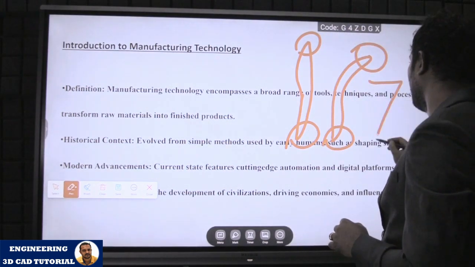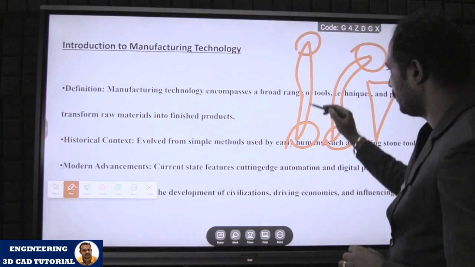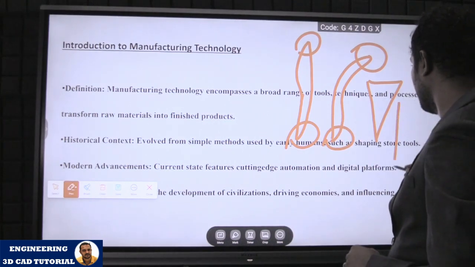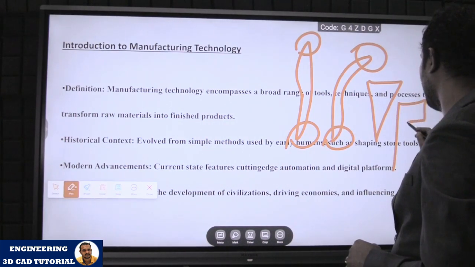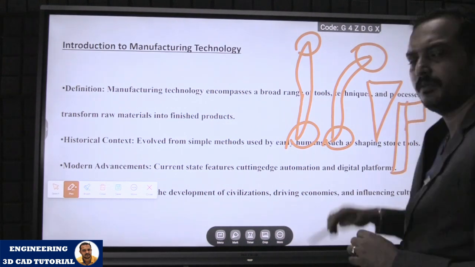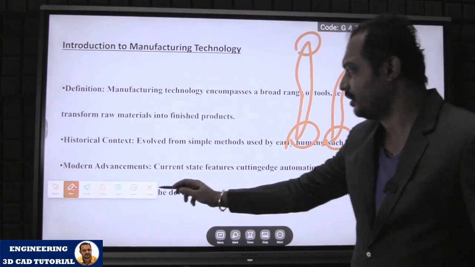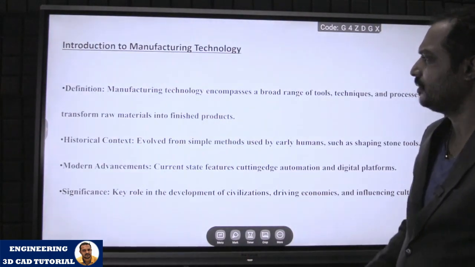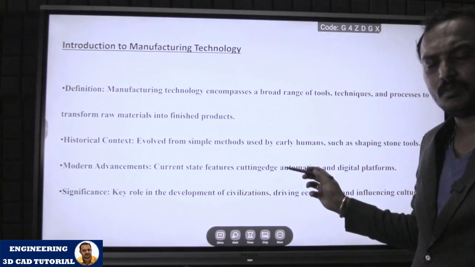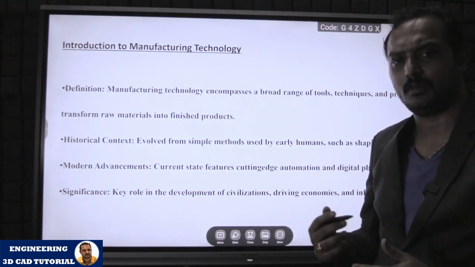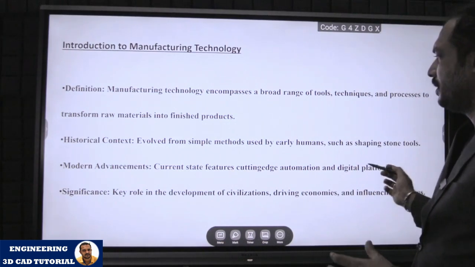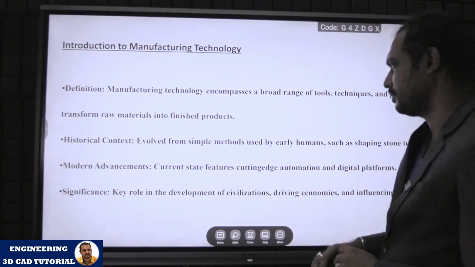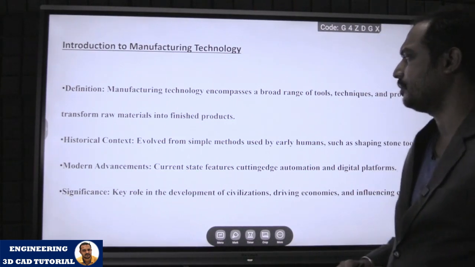It may be a very simple one, or it may be some 3D form, and sometimes they may have used some type of axe kind of thing. So these are the things we can see. This is the historical context. That means as human evolution progressed, simple stones and simple wooden tools were used, and they started using stone tools as hand tools.